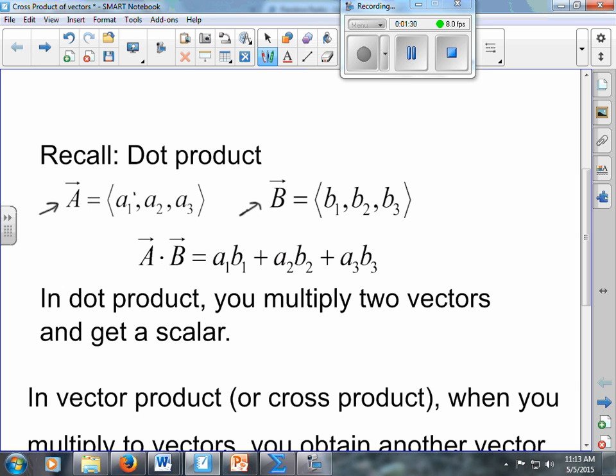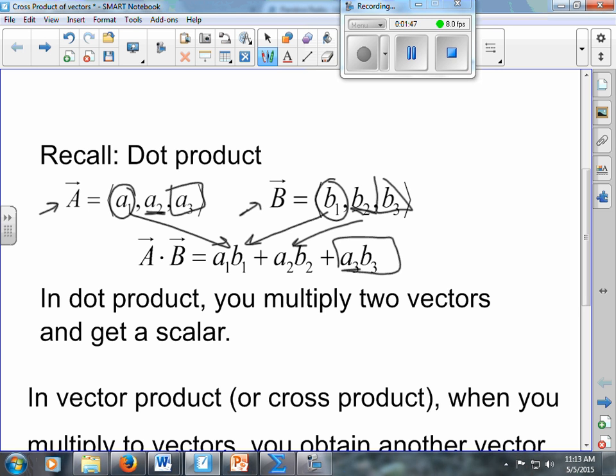Here's the dot product. The way you do it is you take the first components and multiply them together, then you take the second components and multiply those together, and then you take the third components and multiply those together. Your final result is adding those three things together.